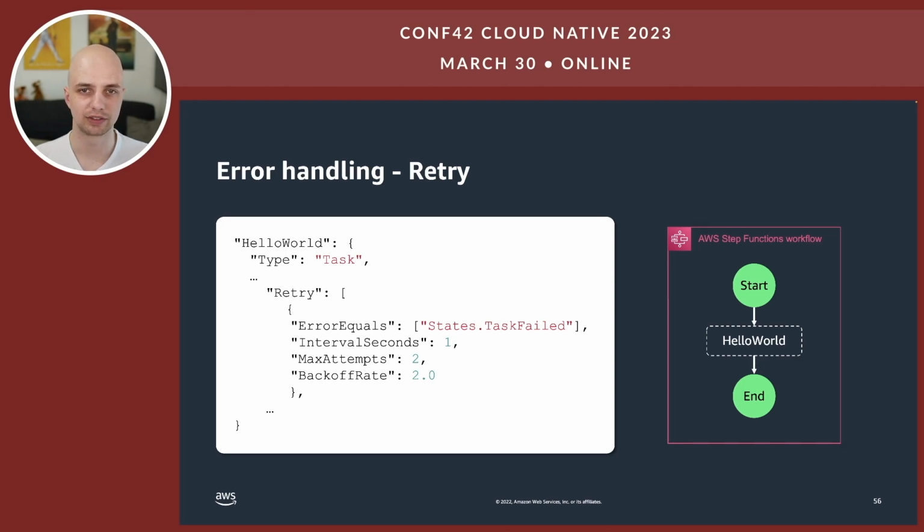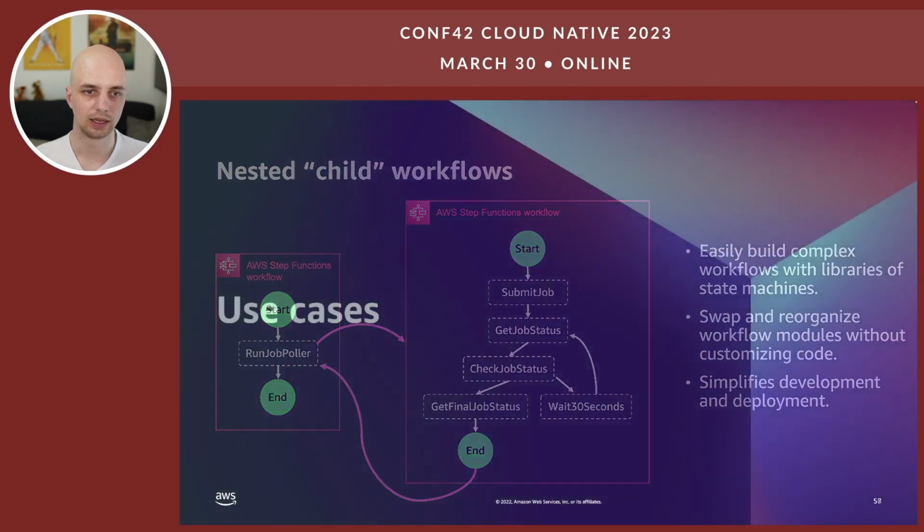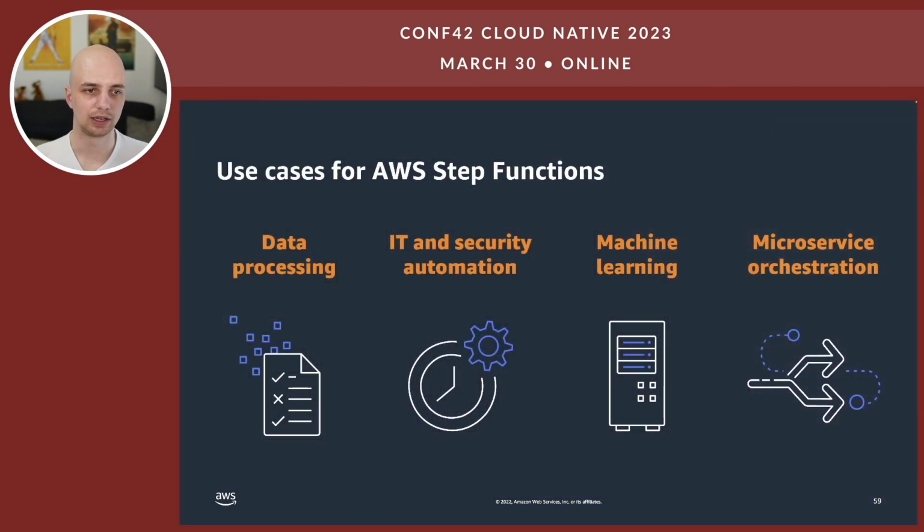To reduce the complexity of your workflows, you can also have child workflows. So from one task, you can call another step function and wait for it to finish and then continue in your main step function. That makes it easy to build more complex step functions. Let's look at some more use cases where you could use step functions. Well, you could use it for data processing, IT security and automation, machine learning, or microservice orchestration.